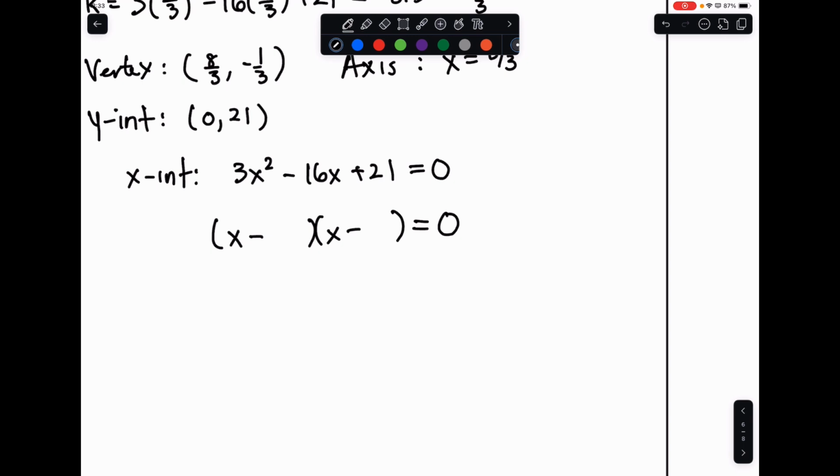Now, in this particular problem, because our leading coefficient is not 1, we have something else that's not 1. We're going to multiply these two quantities together. So we're going to multiply the 3 with the 21, and that's going to give us a total of 63.